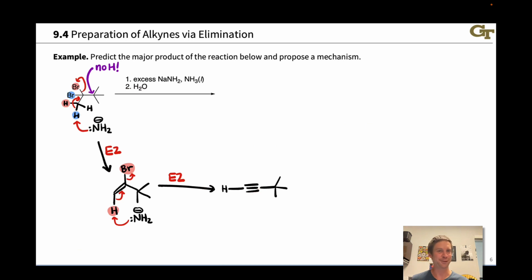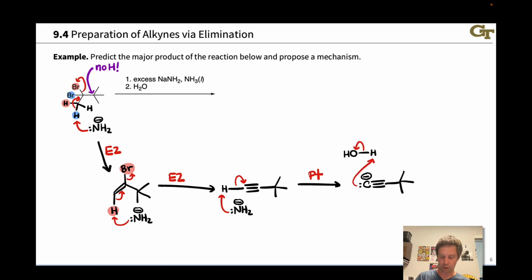There's an H left on this carbon at the end of the chain involved in the triple bond. And there's NH2- still around because we're using excess NH2- under these reaction conditions. So that will deprotonate the terminal alkyne right here to generate an acetylide anion. And to recover the neutral alkyne, we actually need to treat with water.